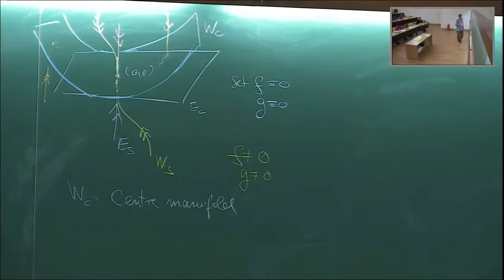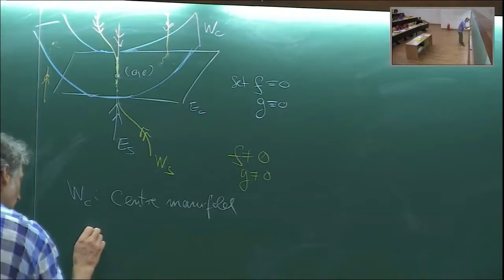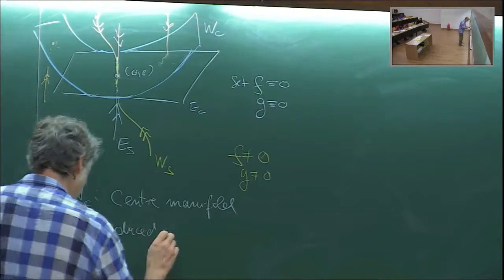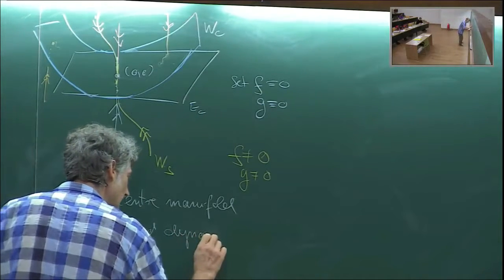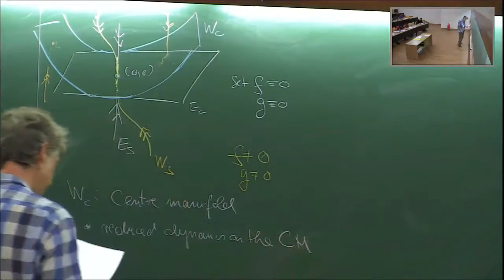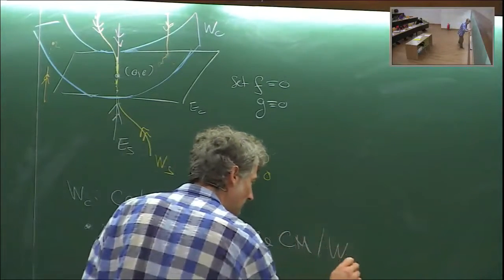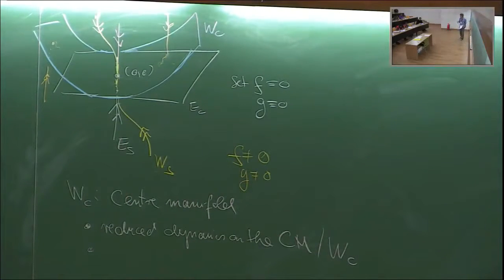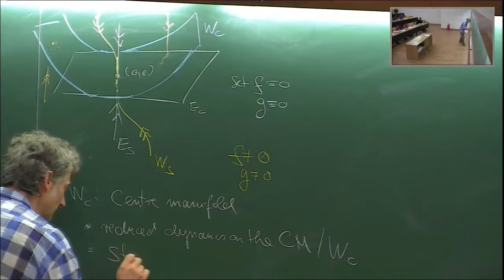Okay? And we'll discuss how to do that. Once we've done that, we will get this reduced dynamics on the center manifold, or on WC. And that will allow us to finally determine the stability of the fixed point. Okay, so that's one thing we can do with it.